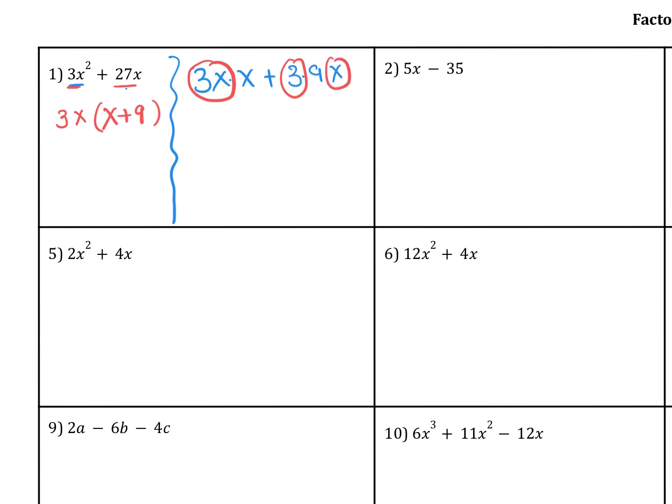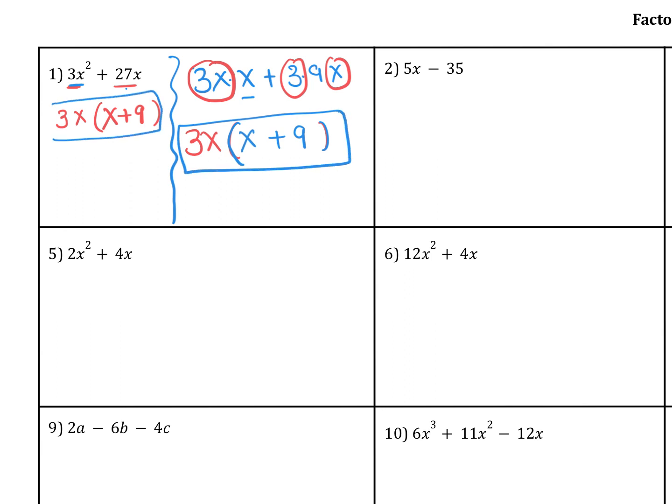The one that you circle, you factor that out, and inside you're left with what is left over, which is x and 9. So this one is not common, and that stays inside the parentheses. So your factor is 3x times (x plus 9), 3x times (x plus 9) with two different methods.